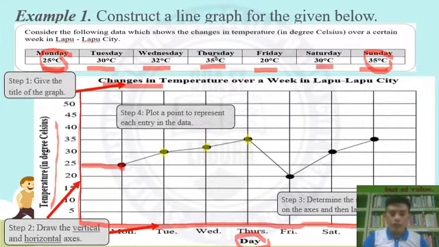Friday, 20 degrees Celsius, located here. Saturday, 30 degrees Celsius. So this is 30, look at here, located here. And for Sunday, 35 degrees Celsius. So that is the way on how to draw or make a line graph.